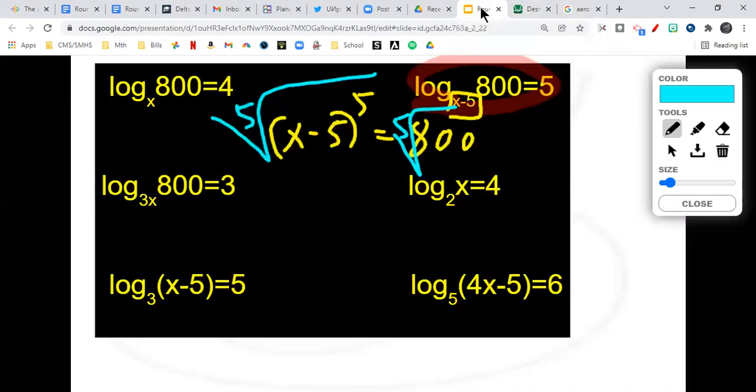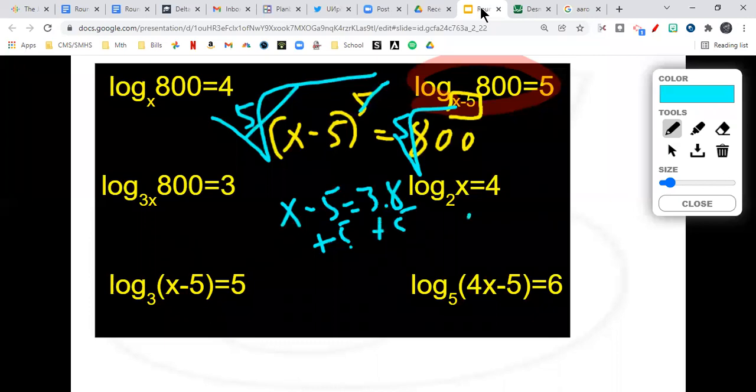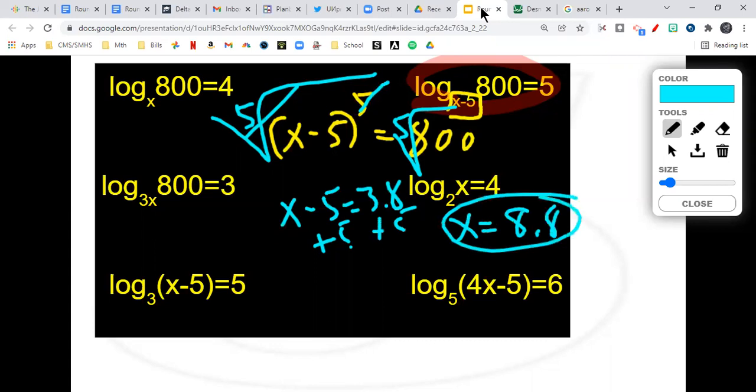Okay, so we come back here and that means that x minus 5 equals 3.8. This 5th power and 5th root cancel each other out. Then we just add 5 and x equals 8.8, and we're done there.